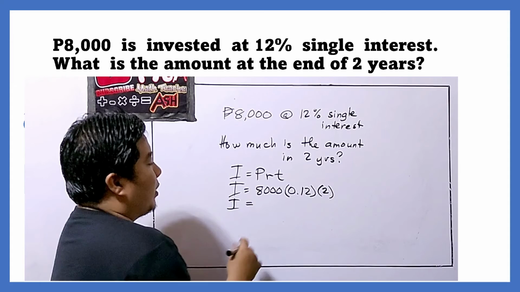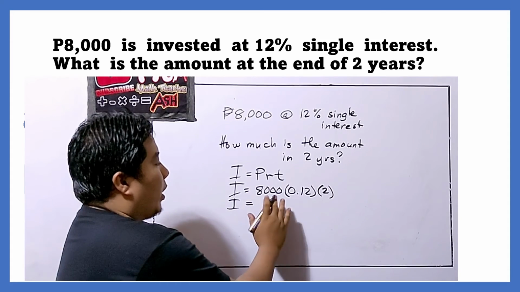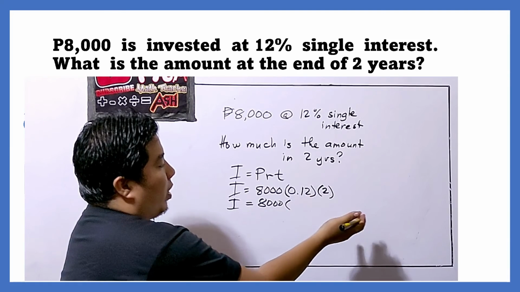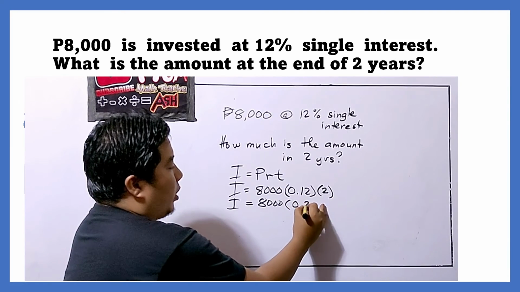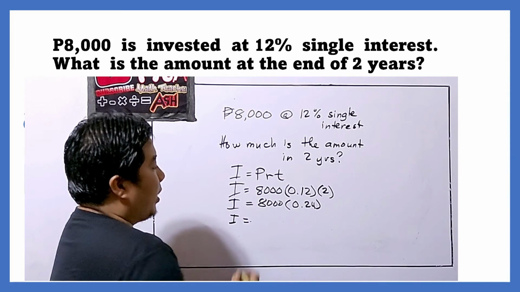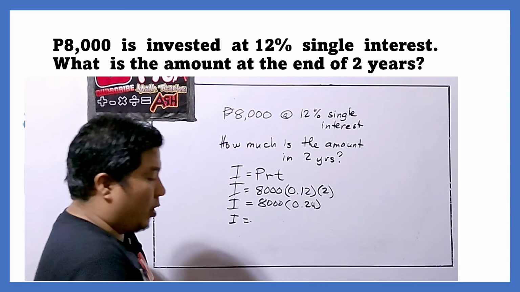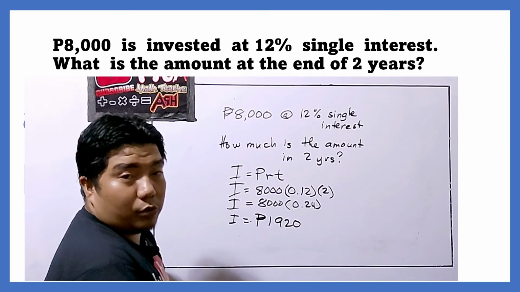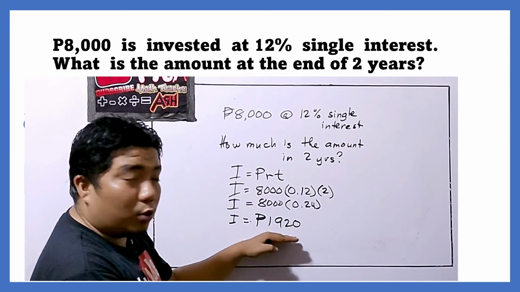So, we need to get first the interest of this one. So, 8,000, if you multiply 0.12 times 2, that is 0.24. Of course, if you multiply 8,000 by 0.24, you will have 1,920 pesos. Now, this will be the interest in 2 years.